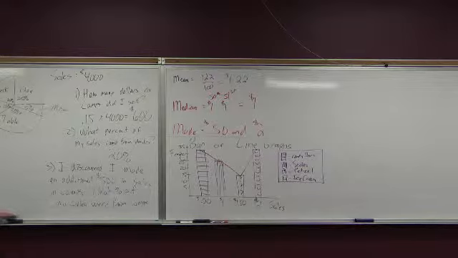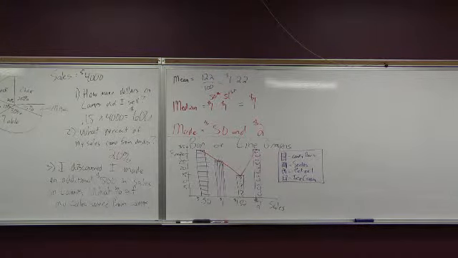So if I want to know what are my percentage of lamp sales, how do I figure it out? What's the numerator? Sales in lamps, right? And what's my denominator? Total sales. Total sales, right? Lamp sales over total sales.